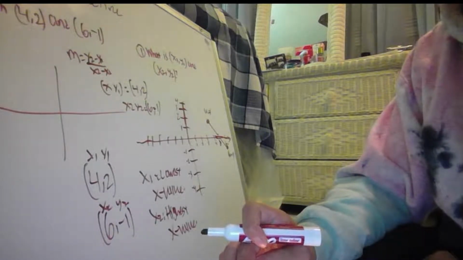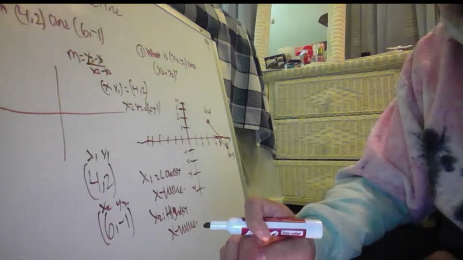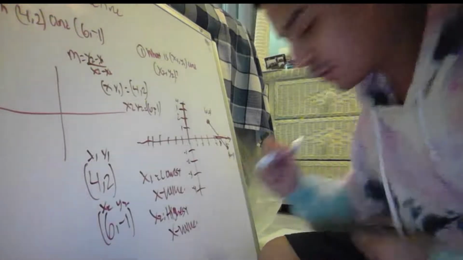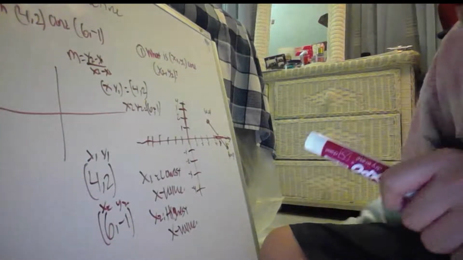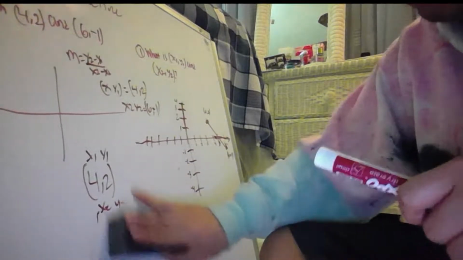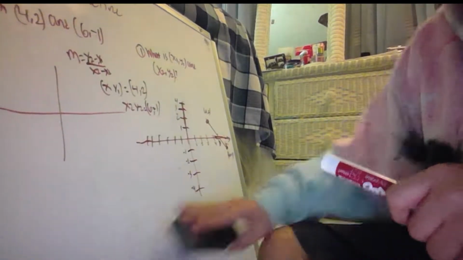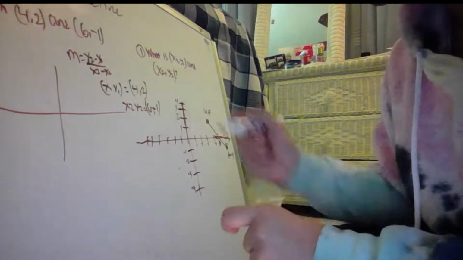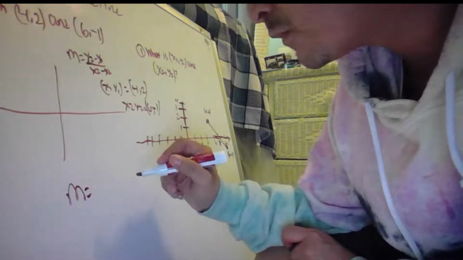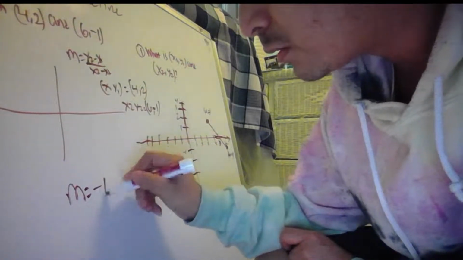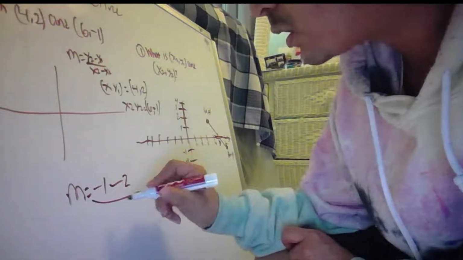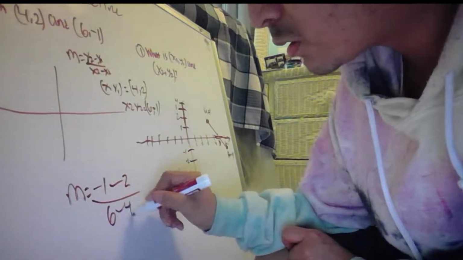So now our slope, we're going to go ahead and calculate the slope. We have m is equal to y2 minus y1, so we have -1 minus 2 over 6 minus 4.